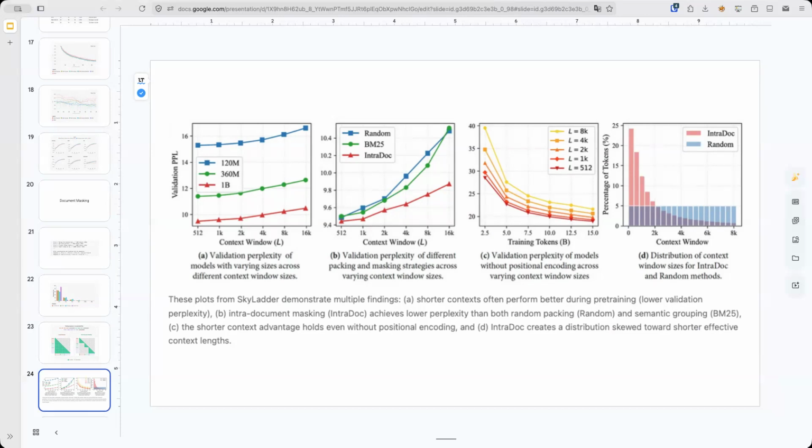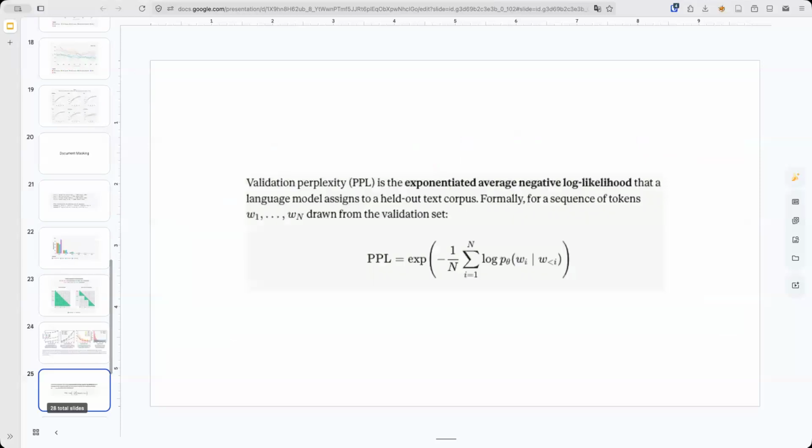validation perplexity, first, we can see that when the context window goes larger, validation perplexity goes up, which is counterintuitive. To remind you what validation perplexity is, it's a measure of surprise when the model needs to predict the next token given some context for the held-out text corpus.